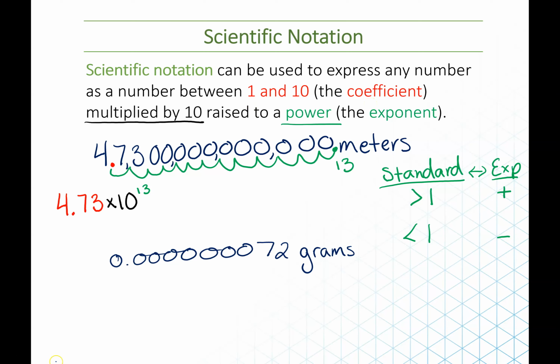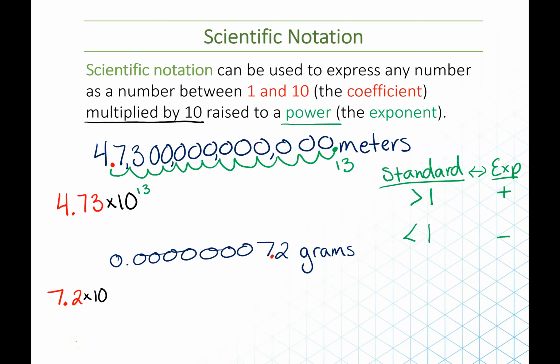We need to make our coefficient. So how can we turn this number into a number between 1 and 10? We can do it by adding our decimal between the 7 and the 2. That's going to make our number 7.2. That's definitely a number between 1 and 10. Now we have to multiply by 10 and figure out our exponent.